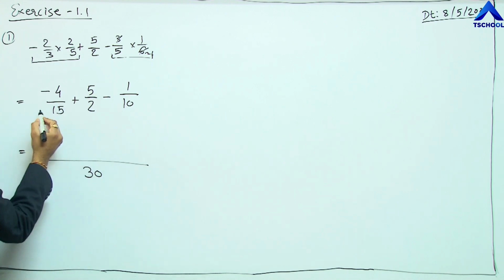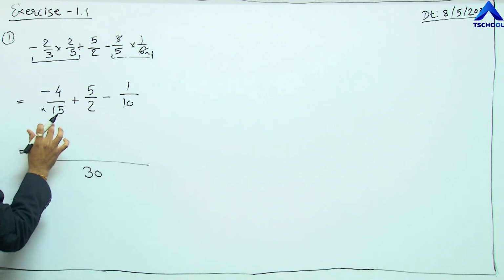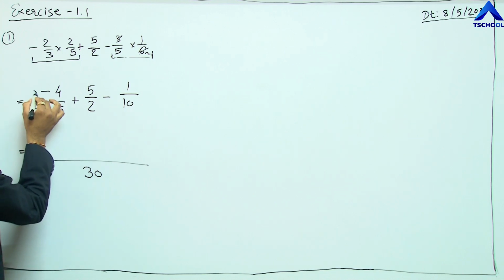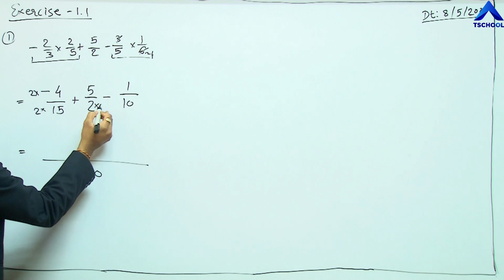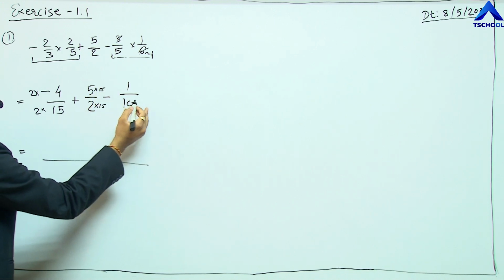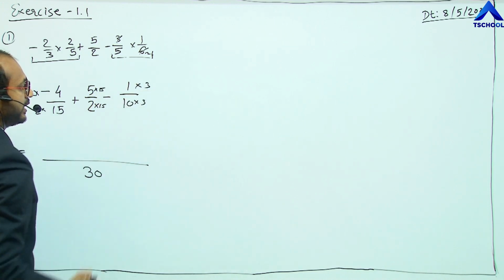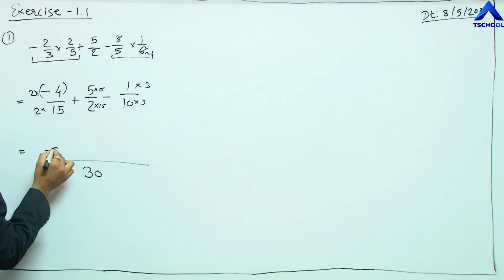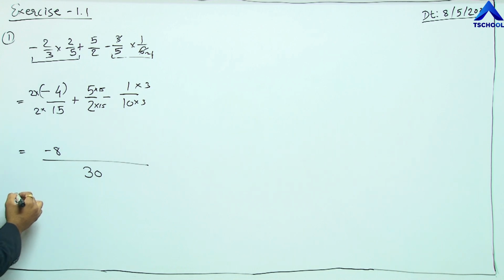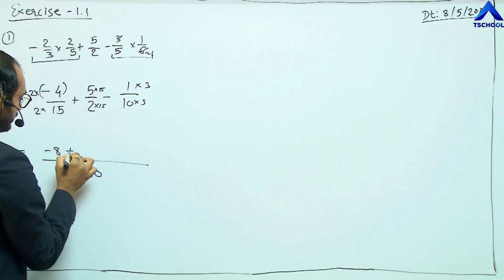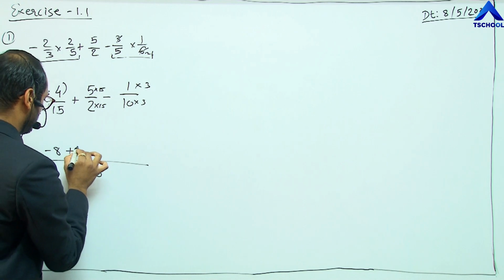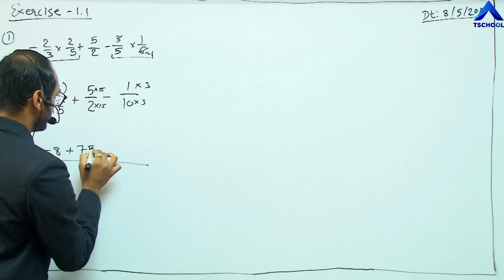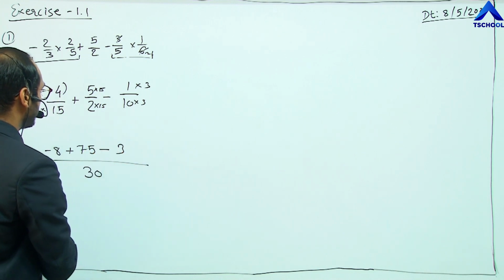So to convert the denominator into 30, we have to multiply here by 2. Here we have to multiply by 15. Here we have to multiply by 3. Now 4 2s are minus 8. 15 5s are 75. 3 1s are 3.